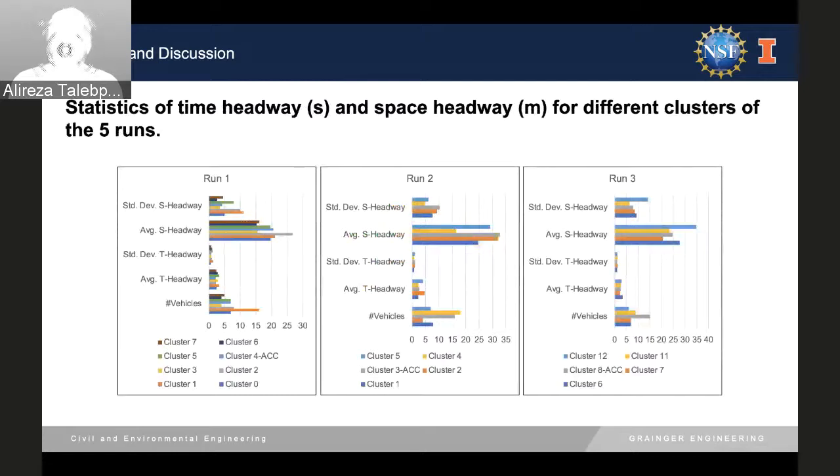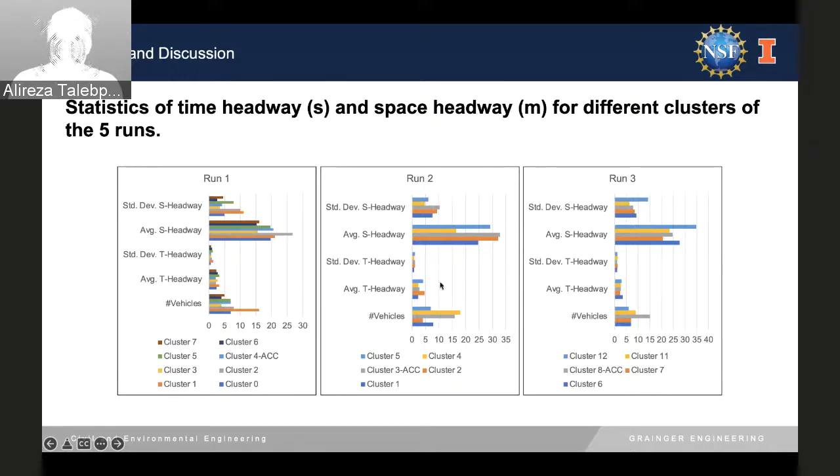These are the statistics of time headways and space headways for different clusters. You can see, for instance, this is a cluster of the ACC vehicles, and you can follow their behavior.